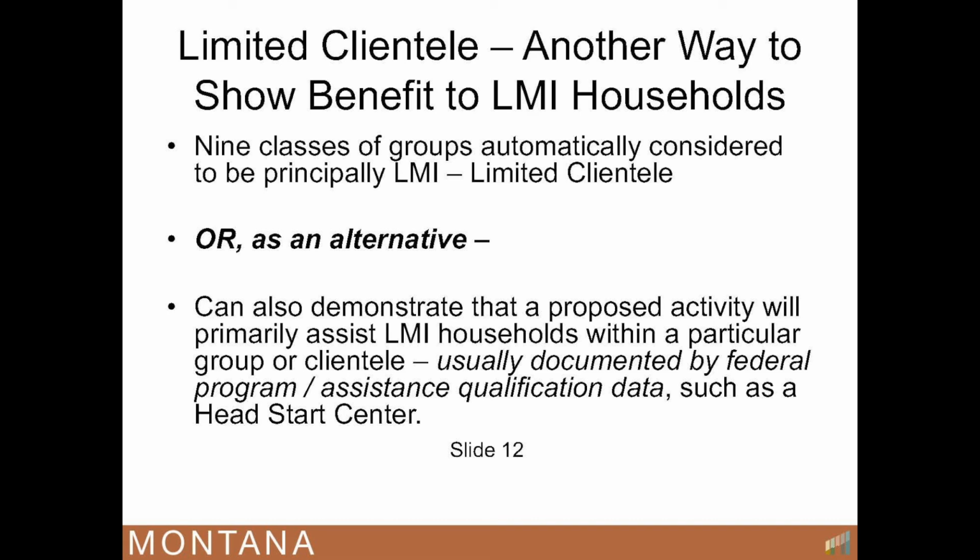Or, as an alternative, communities can also demonstrate that a proposed CDBG activity will primarily assist LMI households within a particular group or clientele as supported and documented by federal program assistance qualification data. For instance, like in the case of a Head Start center, the primary beneficiaries by federal program qualification requirements must come from lower income families, which then automatically are presumed to be primarily coming from low and moderate income households.